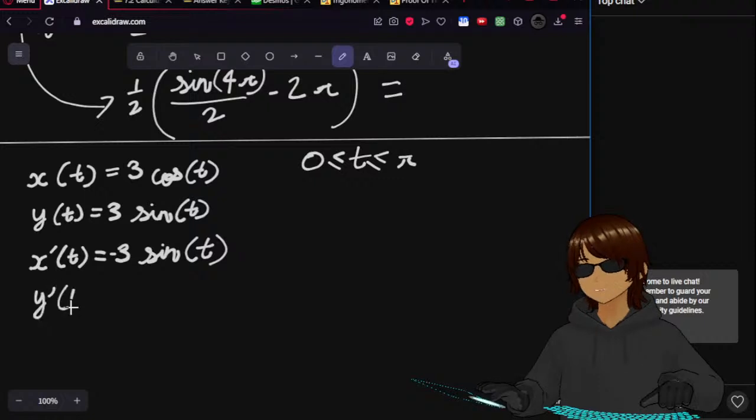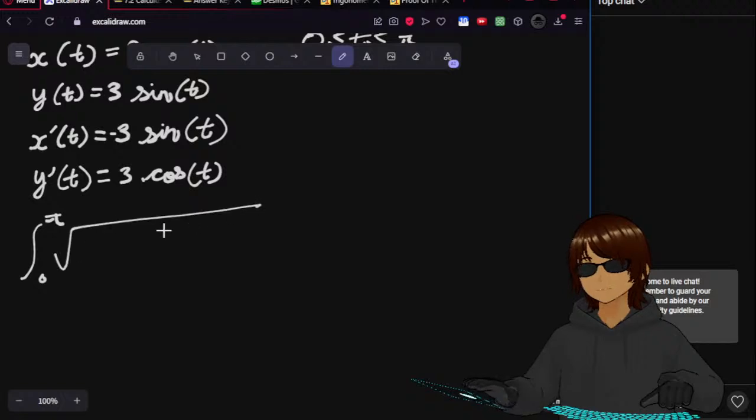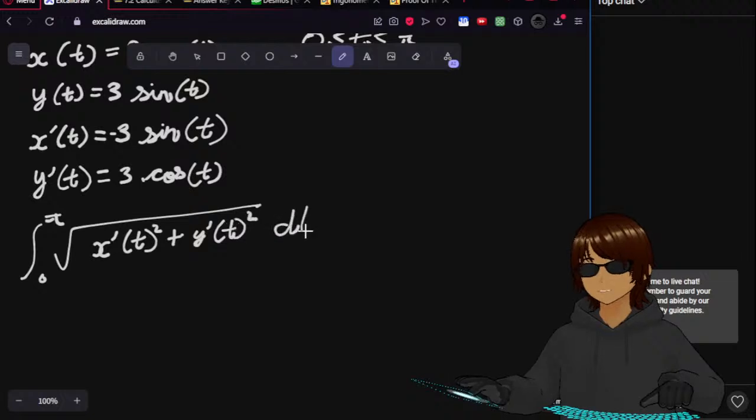Derivative of y with respect to t is cos, from 0 to pi, square, square, dt.